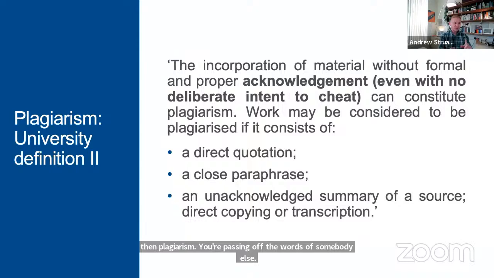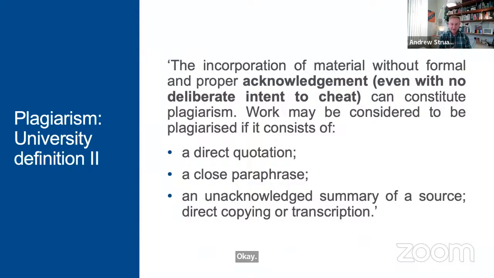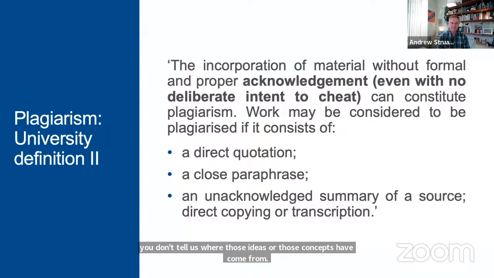The second one is a close paraphrase. Paraphrasing is where you take the words and ideas of somebody else and you rewrite them into your own writing, your own language, your own words, but you don't tell us where those ideas or those concepts have come from. So that's an unacknowledged paraphrase.